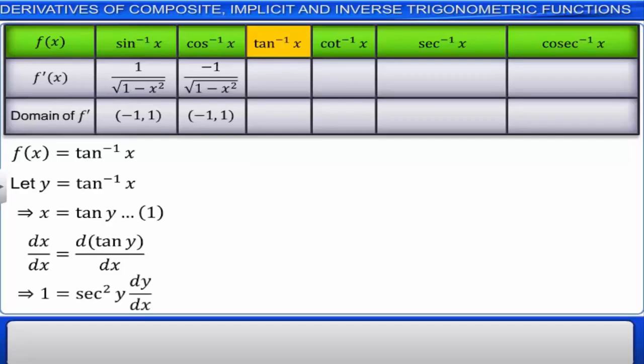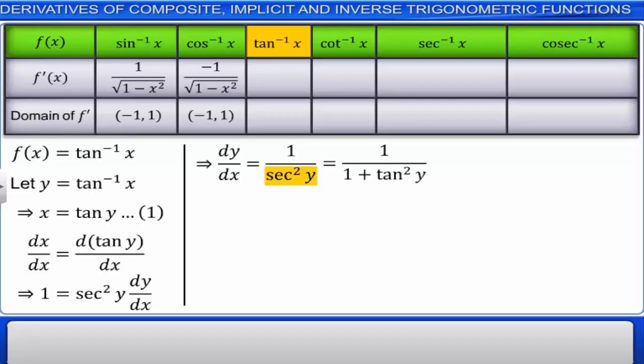This implies that dy by dx is equal to 1 divided by sec squared y. Let's write sec squared y is equal to 1 plus tan squared y. On replacing tan y with x, we get 1 divided by 1 plus x squared.